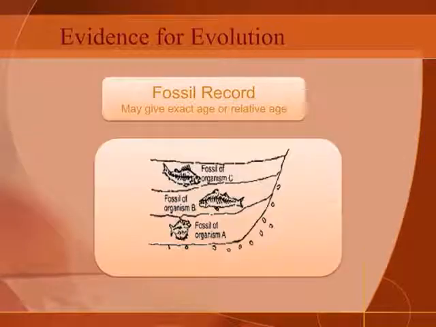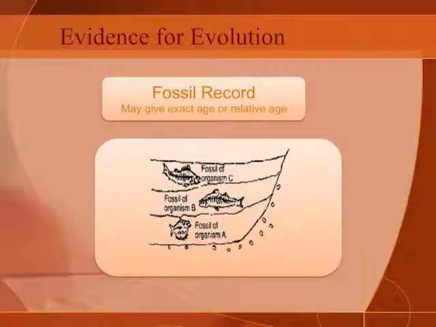Look down at the bottom of your graphic organizer and we'll label some of the pieces of evidence that we have to support evolution or the change in species over time. The first picture should be labeled fossil record. Now this picture shows relative dating of fossils.